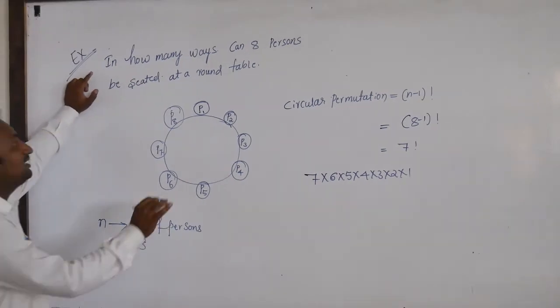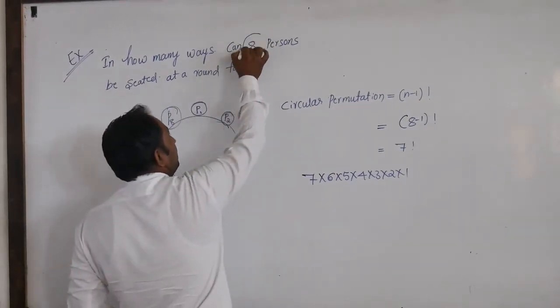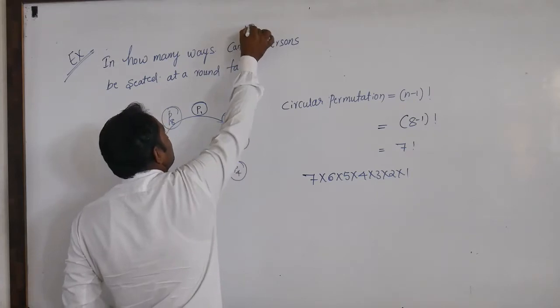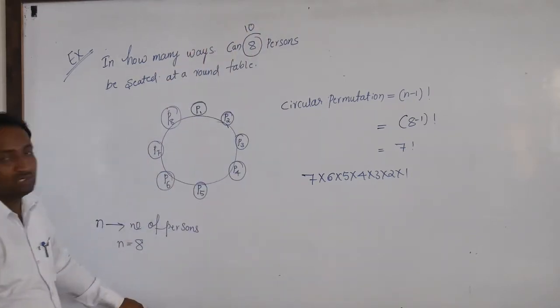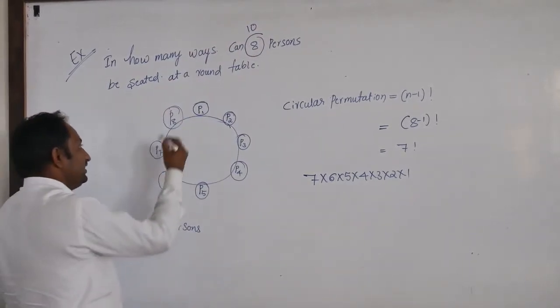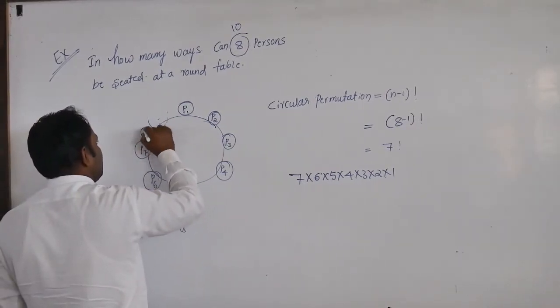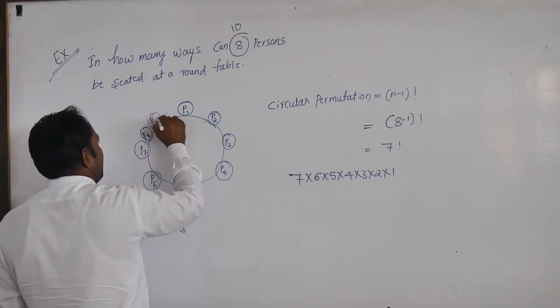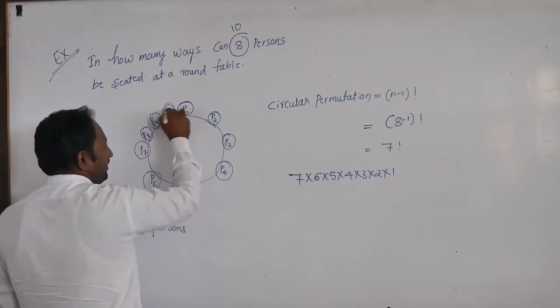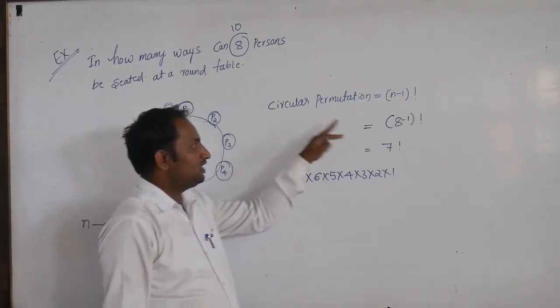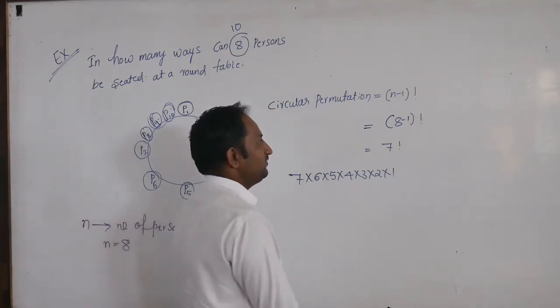Here, in the case of 10 persons seated at a round table, it means we have taken 2 extra, P9 and P10. Here circular permutation is n minus 1 factorial.